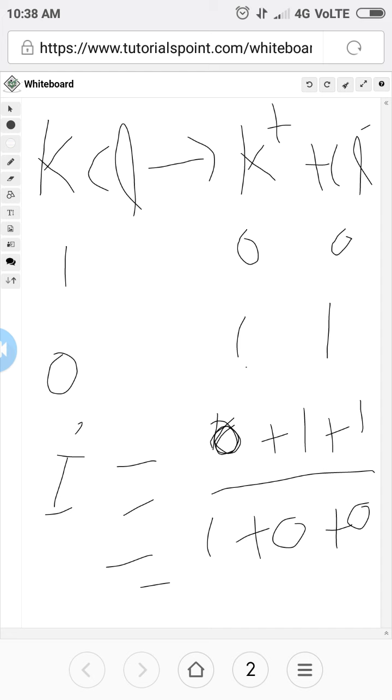That is 2 by 1, which is 2. The Van't Hoff factor of aqueous potassium chloride, if completely dissociated, will be 2.